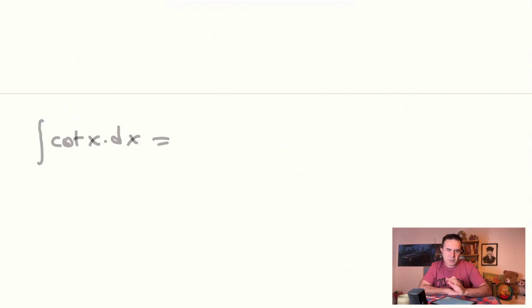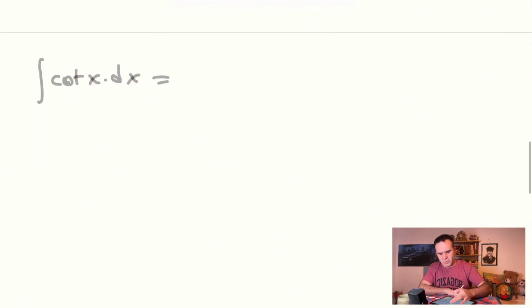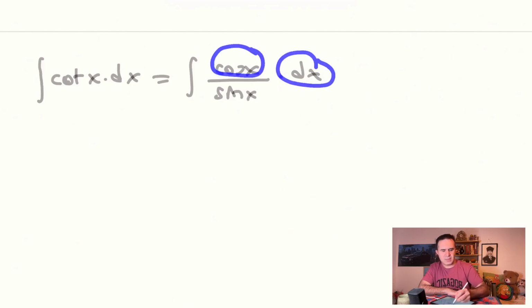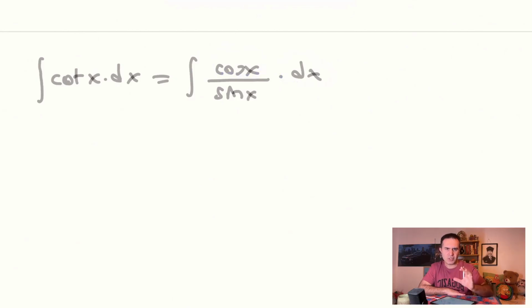In order to integrate cotangent x, we should firstly rewrite it as cosine x over sine x dx. And we have here a function sine x and its derivative cosine x multiplied by dx. If you have a function and its derivative multiplied by dx, you should always use substitution method. Here we say that sine x is equal to u, then the derivative of it, cosine x times dx, is equal to du.